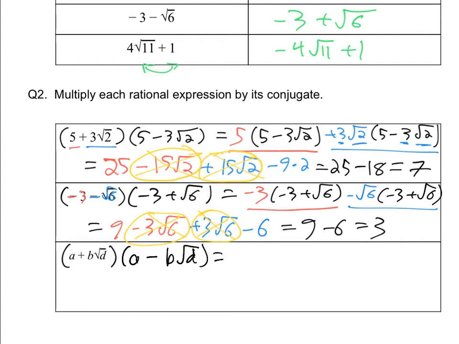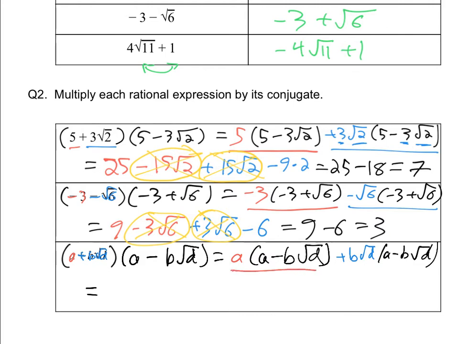All right, so we have a times a minus b root d plus b root d, once again, times a minus b root d. Multiplying this first product, we get a squared minus ab root d.